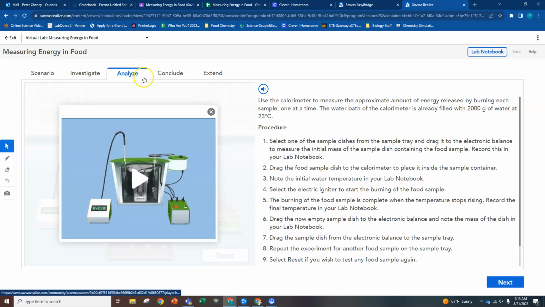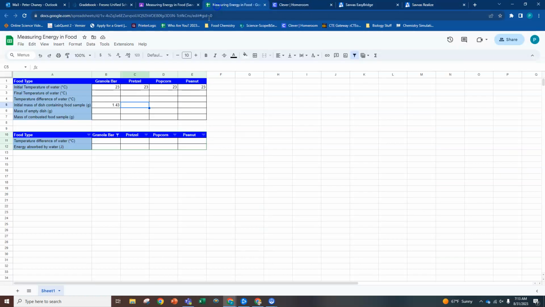So 25.43 is our new water measurement. We go over here, 25.43, and then we need a temperature difference of water. We could do that on a calculator, in our head, or we can use Google Sheets to calculate it for us. So we can do the equal sign, big number minus small number.